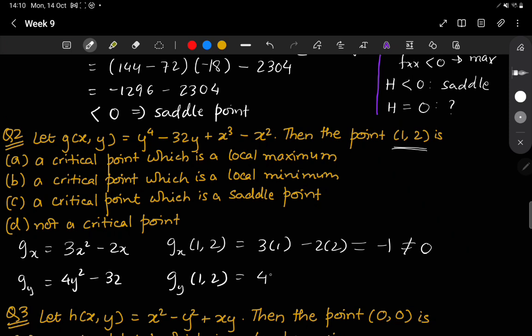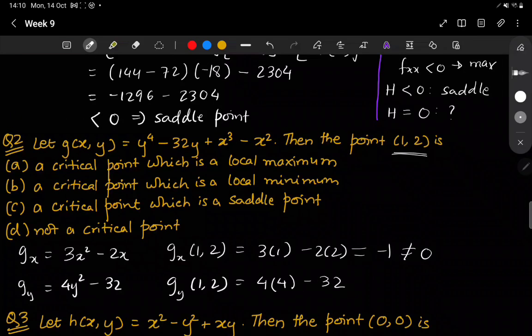this is 4 times 2 squared, which is 4 times 4, minus 32. I hope I did this right. Sorry, wait, I wrote this wrong. It's not 4y squared, this is 4y cubed.